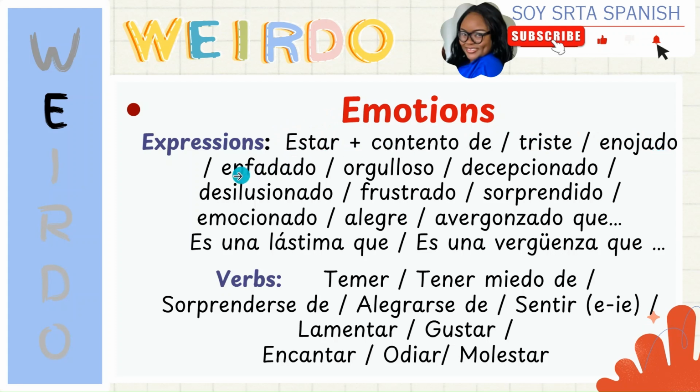Enfadado also means angry or mad. Proud, disappointed, frustrated, surprised, excited, glad, embarrassed. So once somebody is saying, oh, I'm happy that, or I'm sad that, or he is angry that, or they are disappointed that, that is a setup for the subjunctive to be used in the next clause.